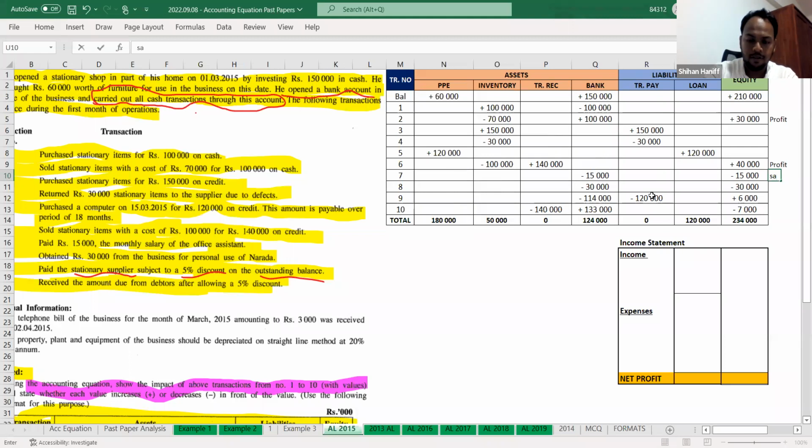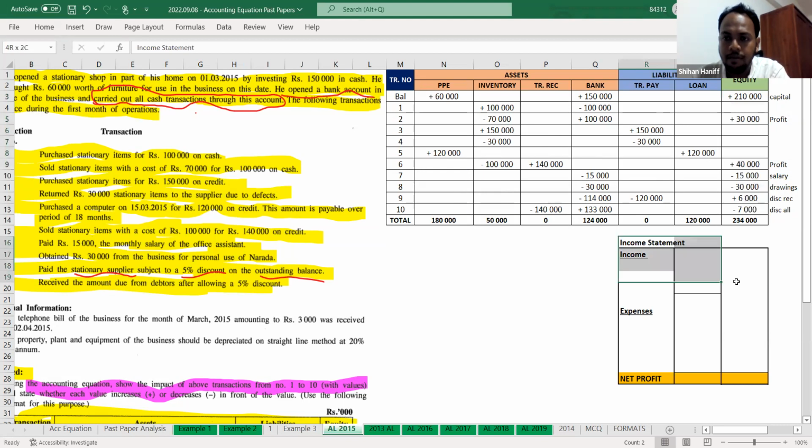Salary. This 30,000 is drawings. 6,000 is discount received. This is discount allowed. This is capital. So I just mention what are these items.